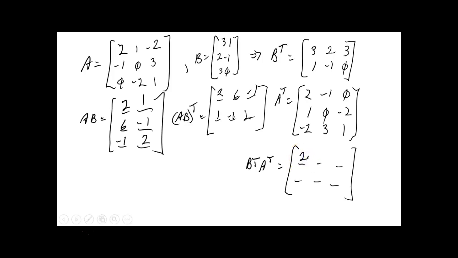2. 1,2 entry would be 6. And 1,3 entry would be negative 1. Is that what I heard? My hearing's bad. Okay, negative 1. Okay. All right.